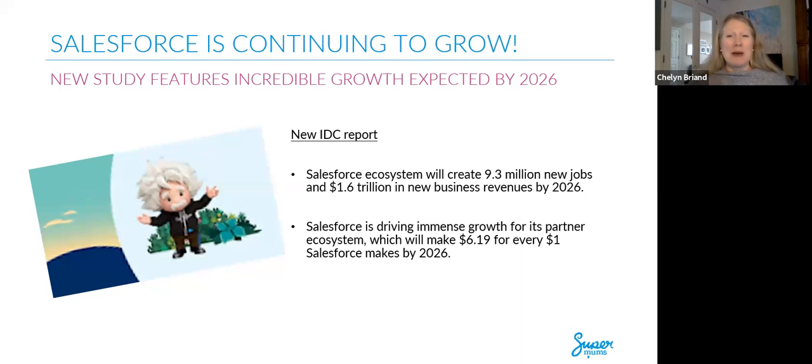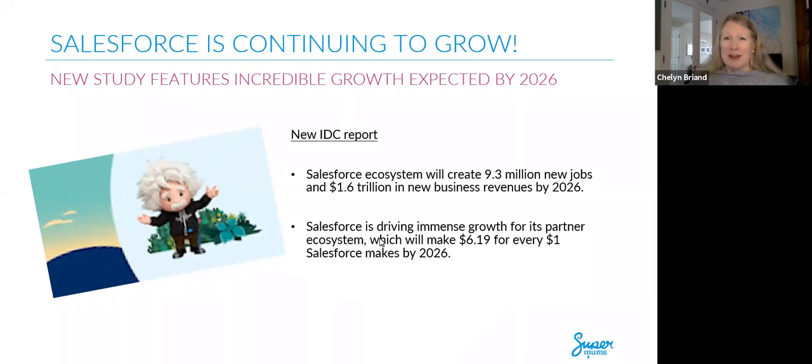The numbers that have just skyrocketed: they're expecting that in the Salesforce ecosystem, there'll be an additional 9.3 million new jobs and 1.6 trillion in incrementally new business by 2026, and it's almost 2022. So that's in four years.